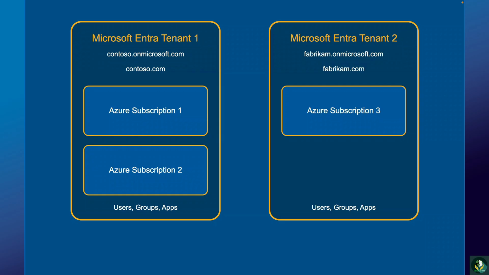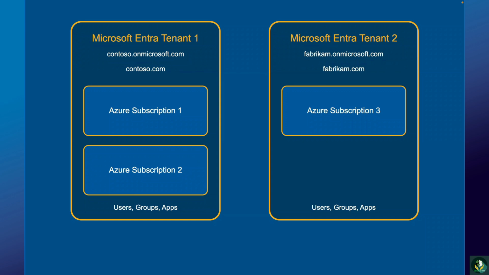As for domain names within tenants, each Microsoft Entra tenant is assigned a default DNS name, a domain name with the format your unique prefix here, for example, onmicrosoft.com. The unique prefix is derived from the Microsoft account used to create the Azure subscription or provided explicitly when creating the tenant.